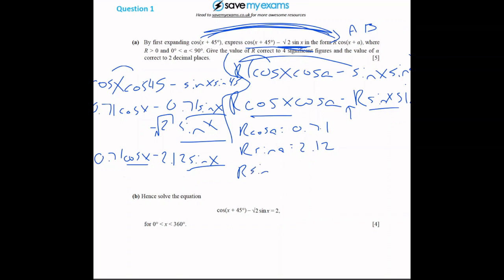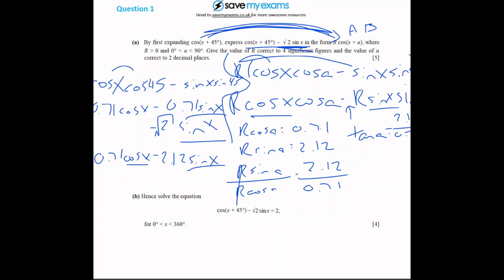R sine A over R cosine A will equal 2.12 over 0.71 because those are the respective values. Now, r over r is going to cancel out. If I had 3 over 3, it would cancel out, so r would also cancel out. Then I have sine over cosine, which is tangent. So tangent A would equal 2.12 over 0.71.